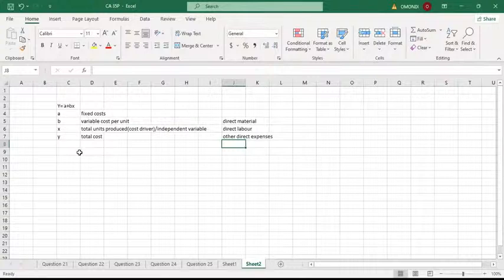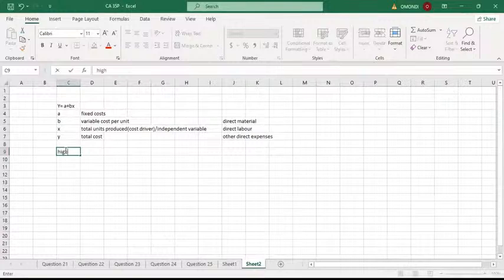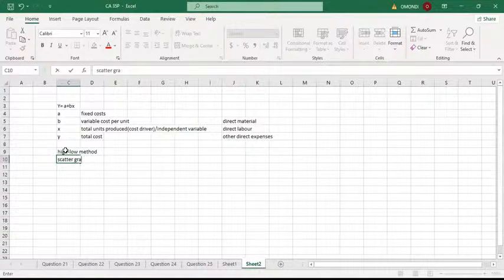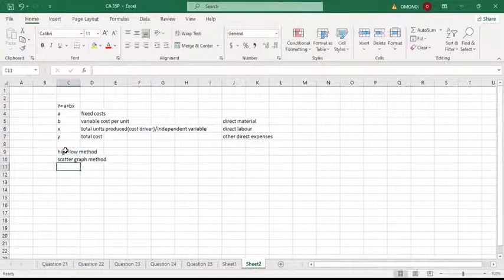we had several methods of calculating this cost function. Method number one was by use of high-low method. Number two, we were using scatter graph method. We were using accounts analysis.